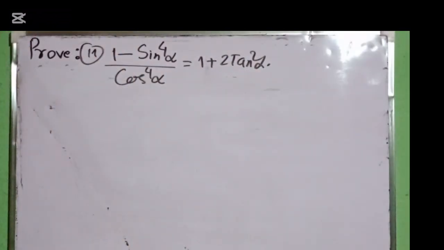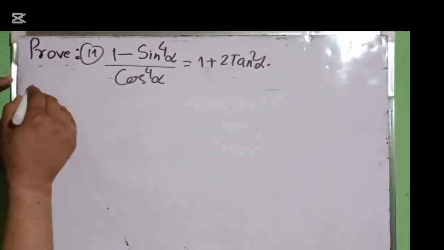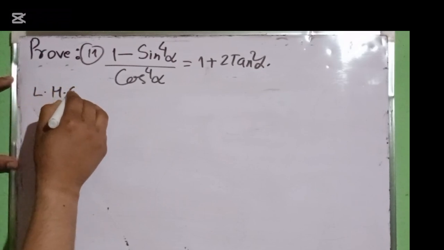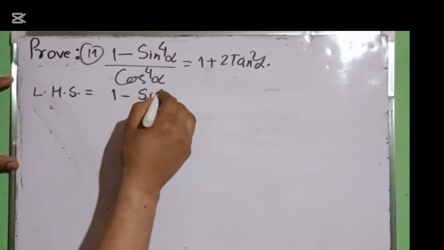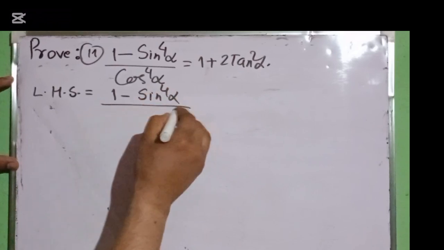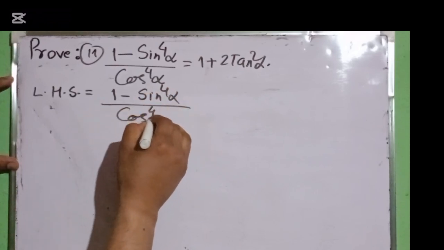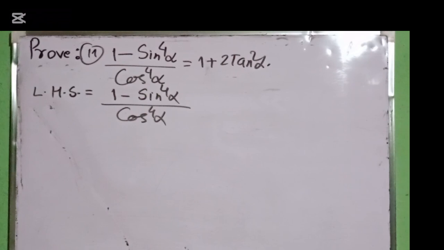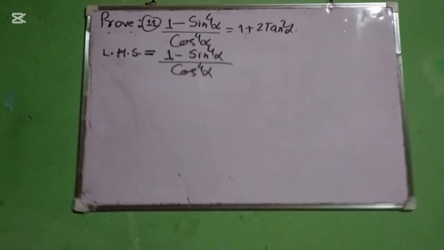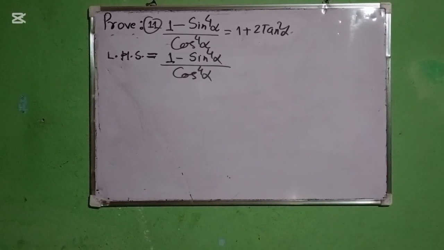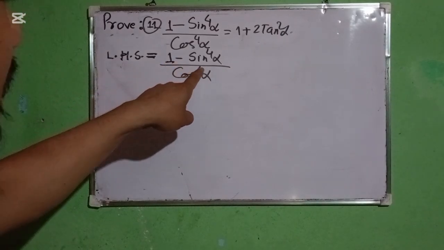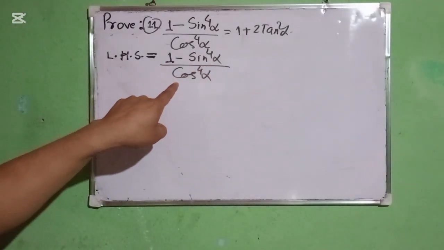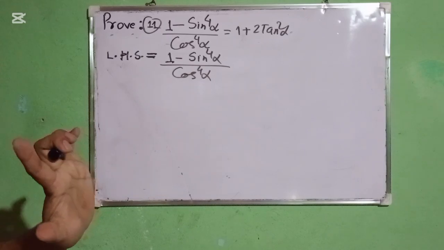When there is a single denominator, look here, first of all write the left hand side: 1 minus sine power 4 alpha by cos power 4 alpha. Here is the numerator 1 minus sine power 4 alpha, denominator cos power 4 alpha, right?